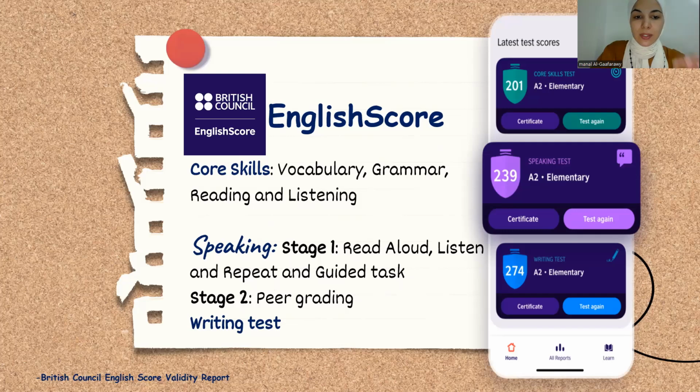In this stage, you're given an audio from a testee, a person who did the test before, and you're required to grade it. For example, whether this person is confident, fluent, uses a wide range of vocabulary structures, uses appropriate intonation.